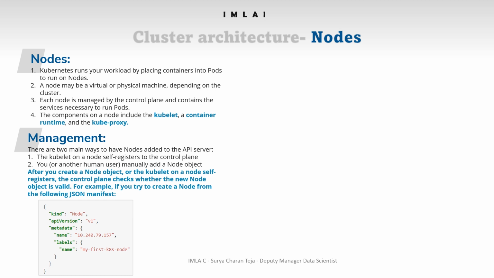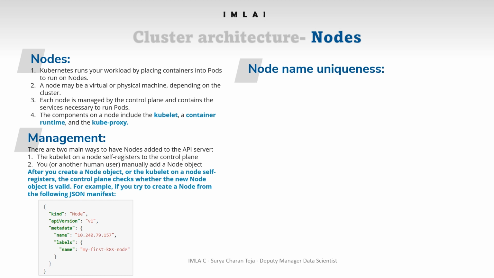Note that Kubernetes keeps the object for the invalid node and continues checking to see whether it becomes healthy. You or a controller must explicitly delete the node object to stop the health checking. So the name of the node should be given to check that.